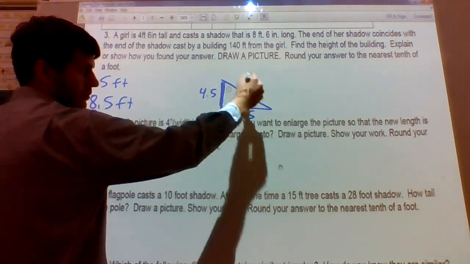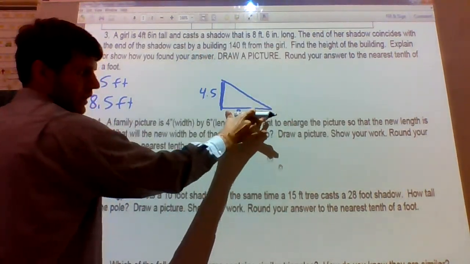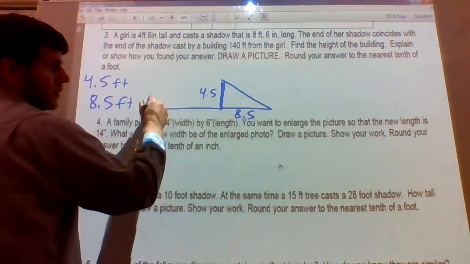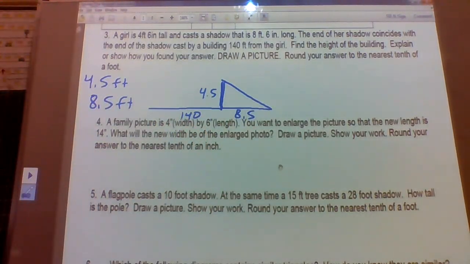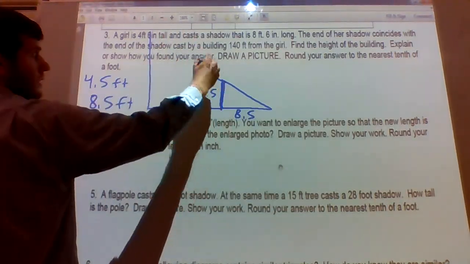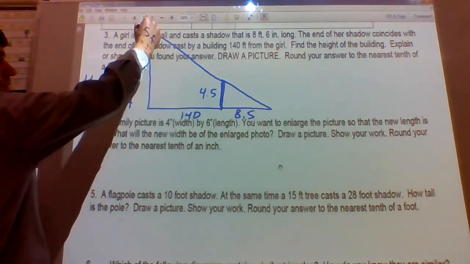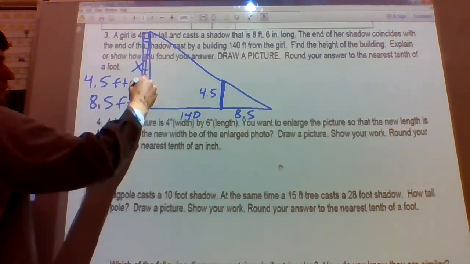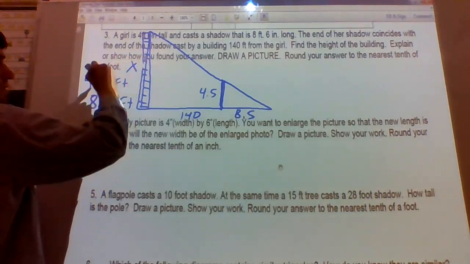Okay, here's the shadow, or these are the sun's rays, so it casts a shadow that's 8.5 feet long. She's 140 feet from the building. And we want to find the height of this building. So here's our building. Some windows or whatever. And here's our height x.